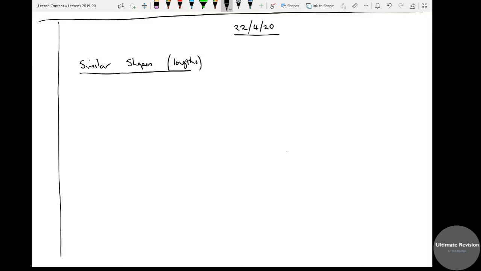We'll look at area and volume later on, but we're specifically looking at lengths. Now, there are two properties that make shapes similar, and they have to have both.